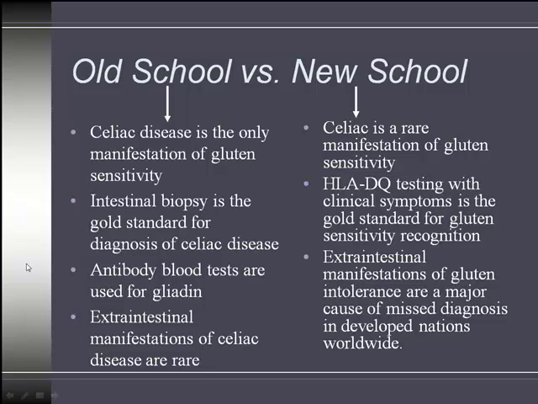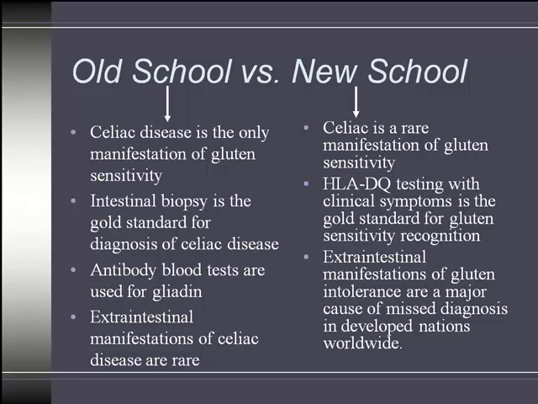When looking at this next one here, intestinal biopsies are considered for celiac disease the gold standard of diagnosis. And one of the reasons why is because celiac disease causes damage of the intestine that we can visualize on a tissue sample.